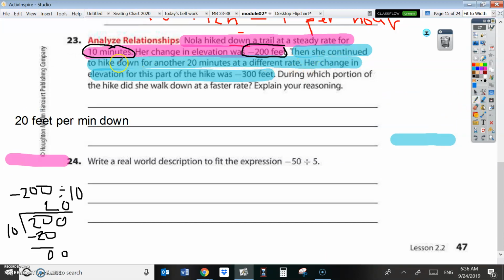Then she continued to hike down for another 20 minutes at a different rate. Her change in elevation for this part was 300 feet. So negative 300 divided by 20.